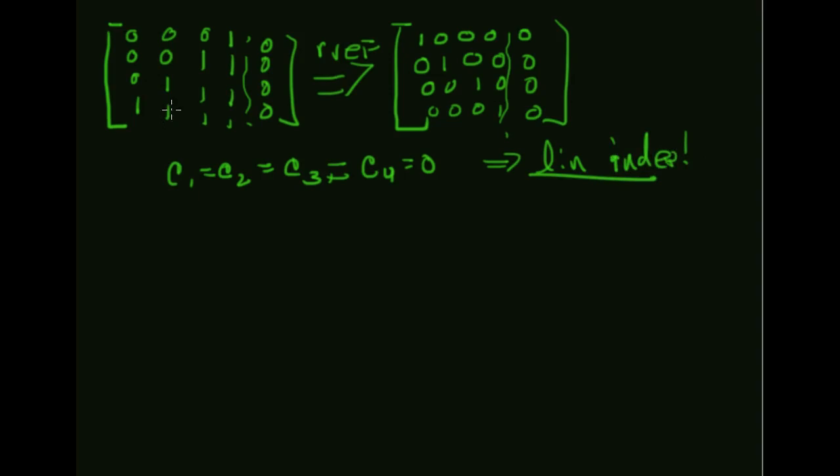Because if you take a linear combination of this set of vectors and you get the 0 vector, then all the coefficients of the linear combination must be 0. Okay, there you go. All right, so let's look at number 5.